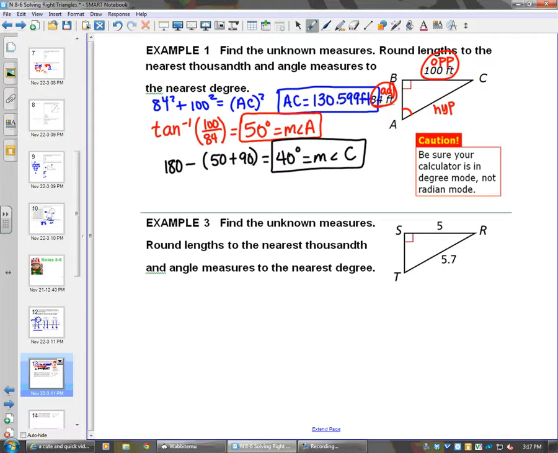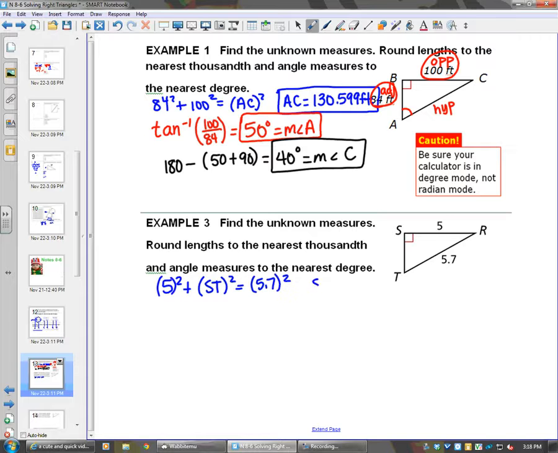Find the unknown measures. Okay, so again, same kind of thing we're doing in the first example here. We want to find all of the side lengths. We want to find all of the angles. Okay, so let's start here. How would you like to start this problem? You want to do Pythagorean theorem? Okay, perfect. So we can do Pythagorean theorem. We've got 5 squared plus segment ST squared equals 5.7 squared.